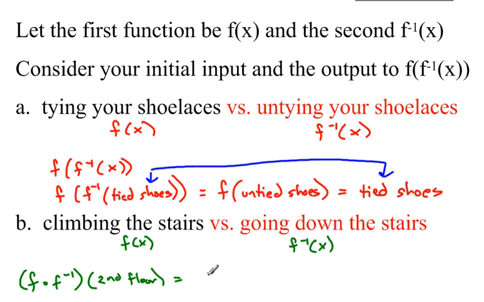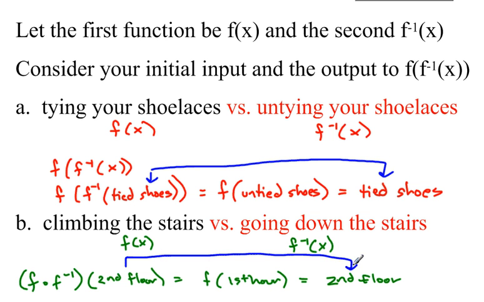Now I'm on the first floor. Now I'm on function f, which is climb the stairs. So I end up back on the second floor. So it turns out if I start at the second floor and I go down the stairs and then I go back up the stairs, guess what? I'm right back where I started.